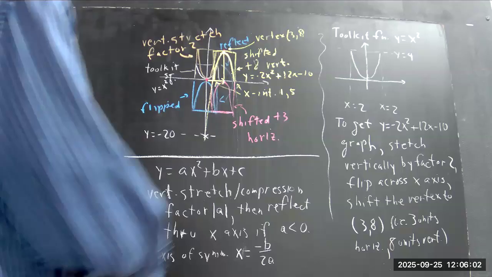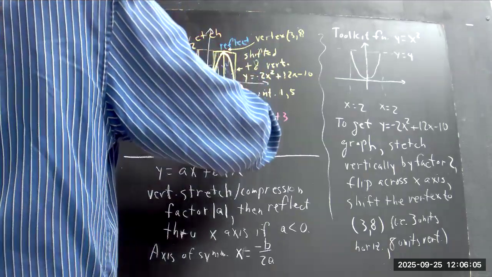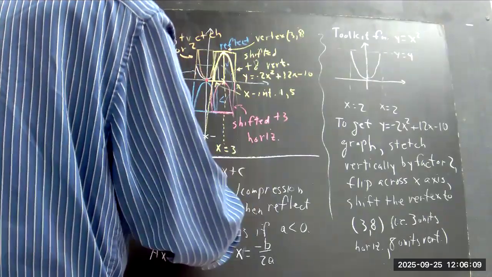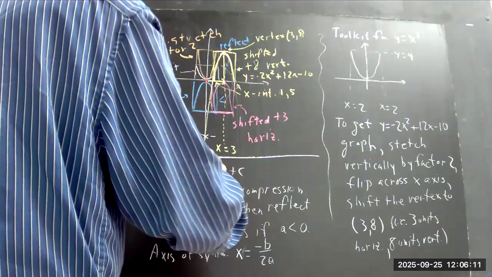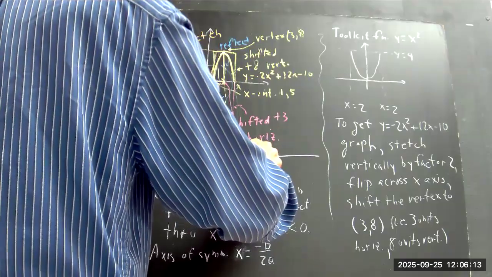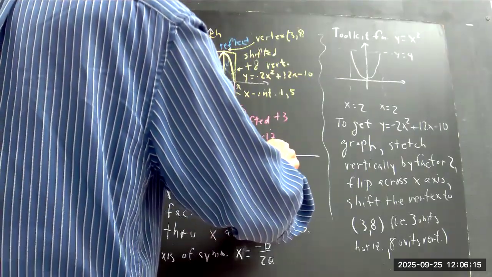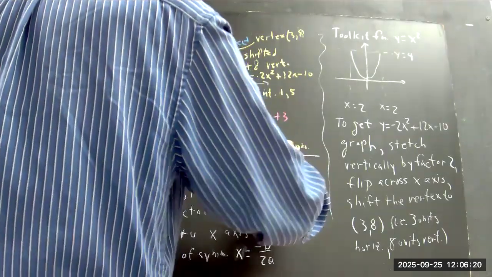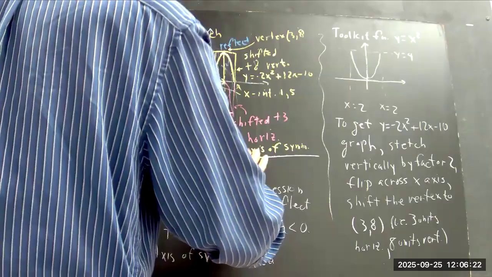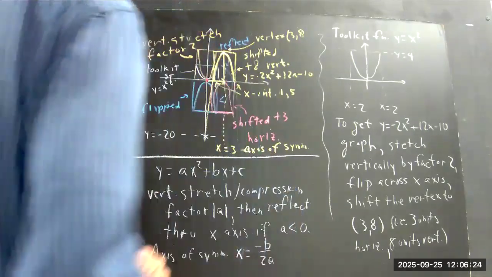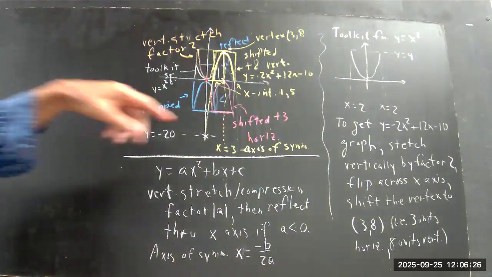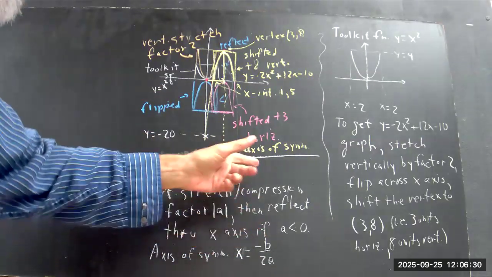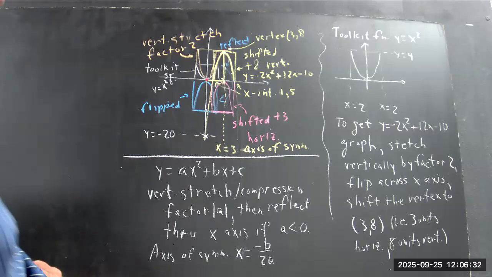So that in this case, I could have x equals 3, and that's the axis of symmetry. And for any function, you know then where the axis of symmetry is.